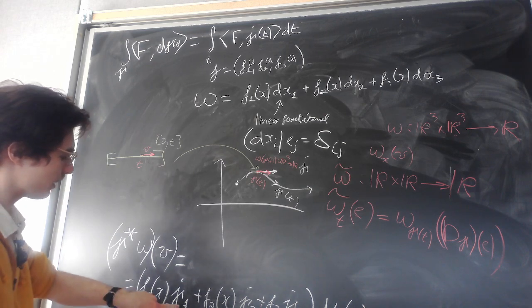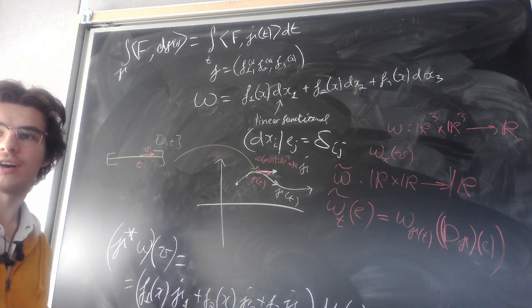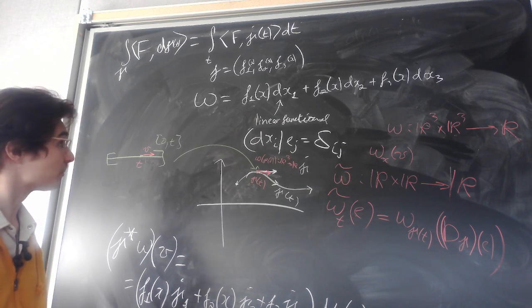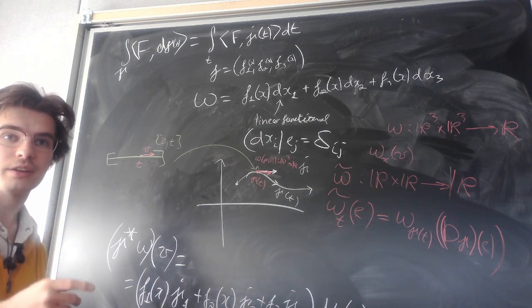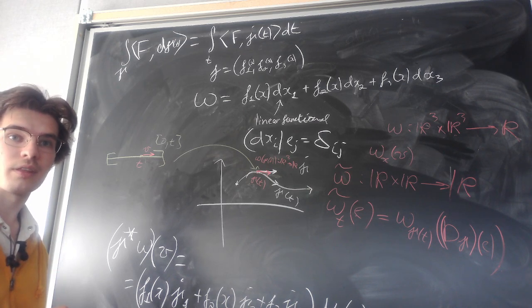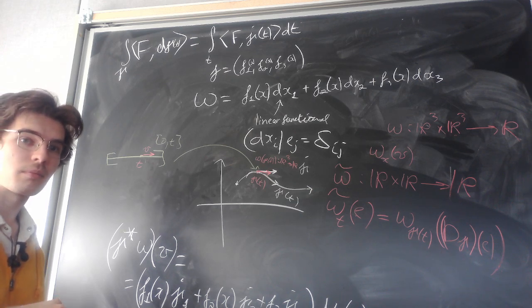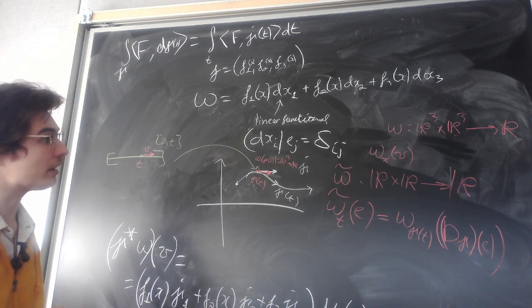Because remember, gamma 1 dot, gamma 2 dot, gamma 3 dot is the Jacobian of gamma, because gamma is a function from R to R3. I can write down a Jacobian for it, and I'll get some vector. Okay, this is maybe very unclear.